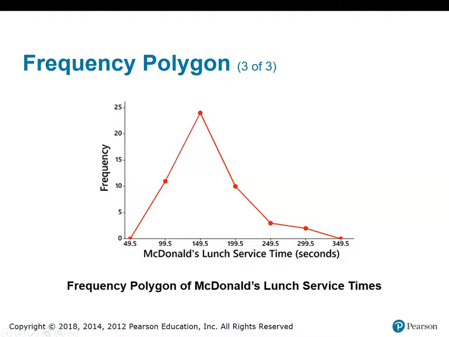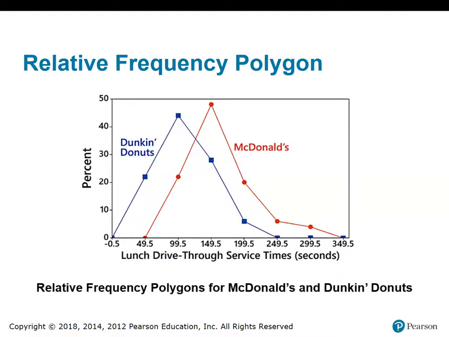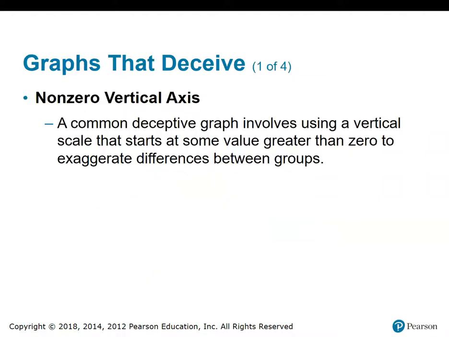But again, you're seeing a title. The title is down here in this case, and here is the horizontal axis label. Here's the vertical axis label. It's usually just frequency. Sometimes we like to lay two on top of another so we can compare.